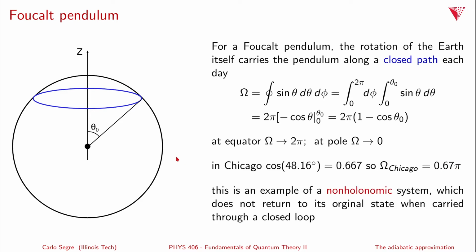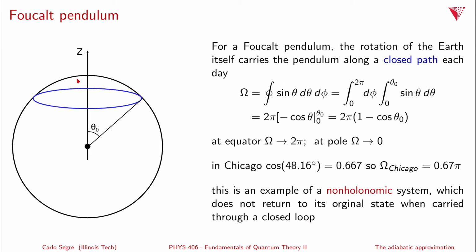So this kind of pendulum, and any kind of these processes, are so-called non-holonomic processes or non-holonomic systems. They do not return to their original state when carried through a closed loop. So what happens with the Foucault pendulum?